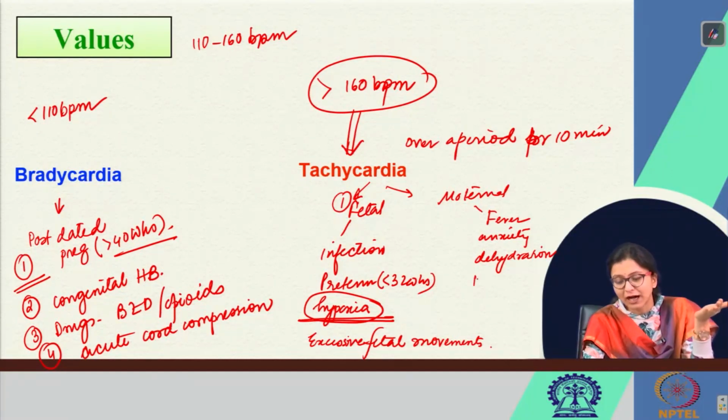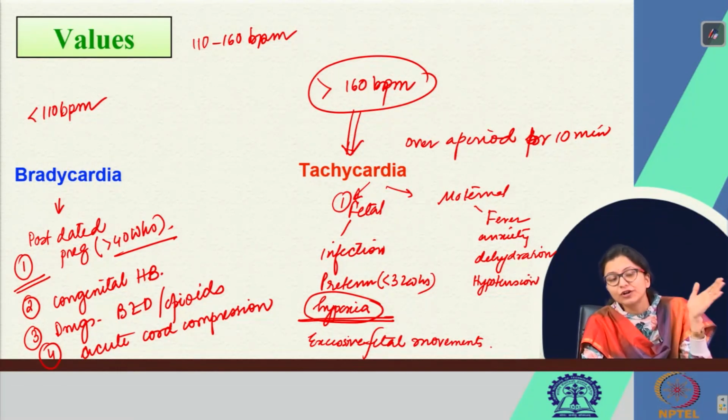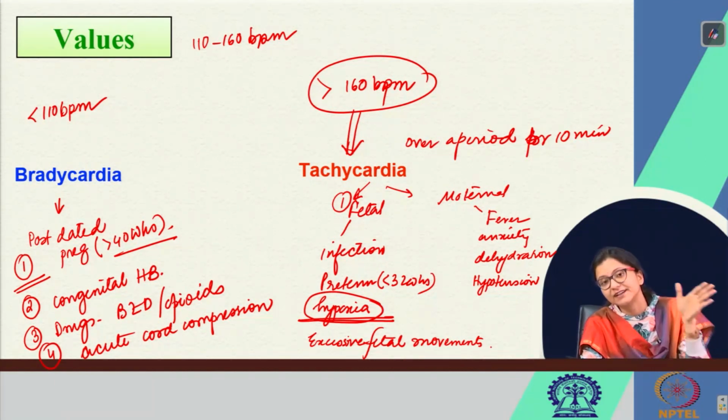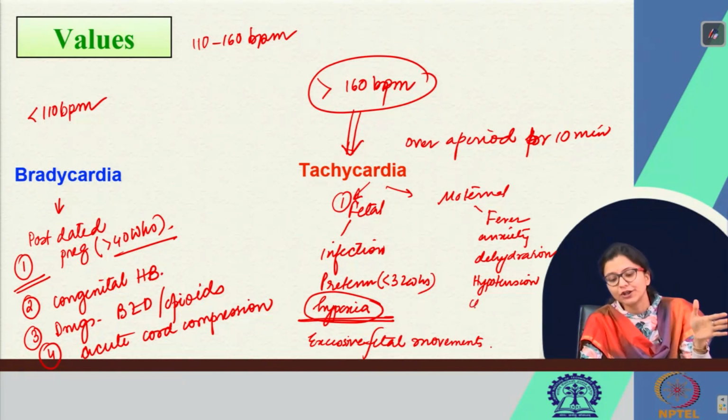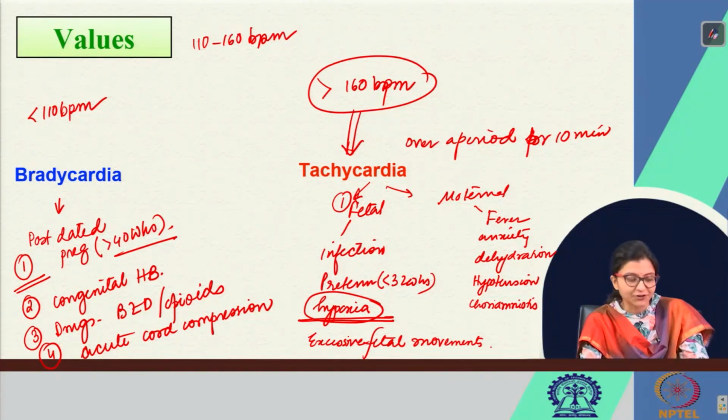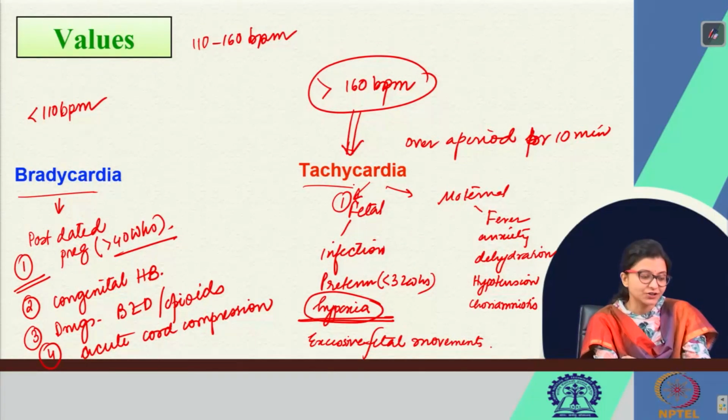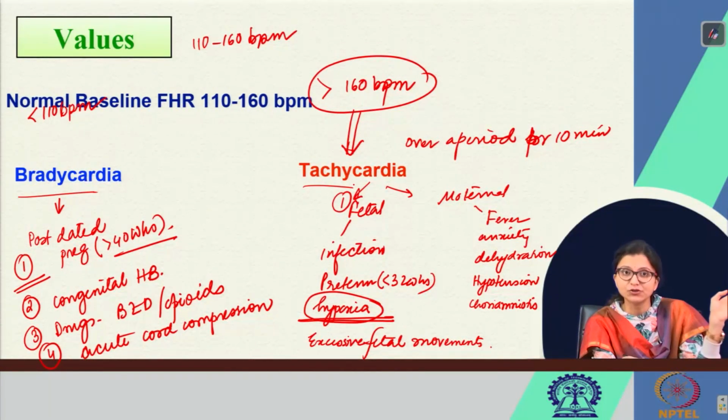In case of hypotension due to any underlying bleeding, say APH from placental abruption or placenta previa, leading to hypotension, leading to maternal tachycardia, leading to fetal tachycardia. Chorioamnionitis, all these infections also increase the fetal heart rate. So, you need to exclude them. Both these are dangerous. The baseline should be in between 110 to 160 beats per minute.